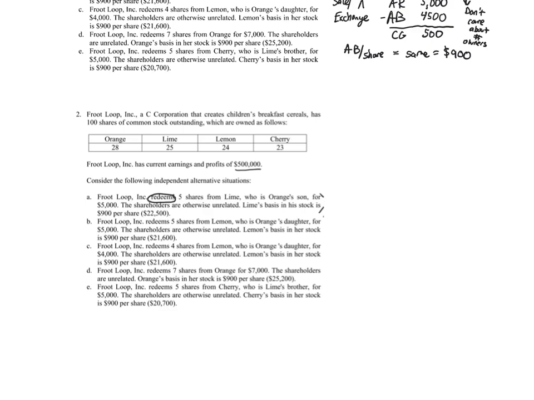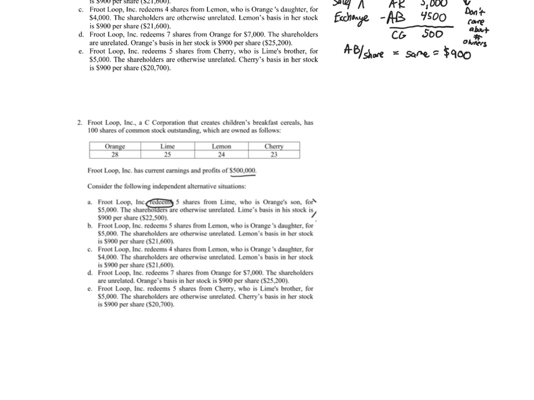So in C, we're told the same problem we just had before, but Lemon only has 4 shares. So if we do before and after again, let me rewrite that.